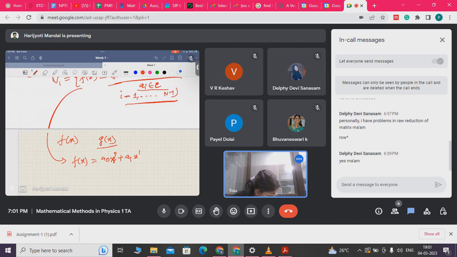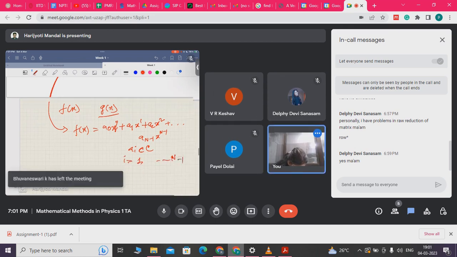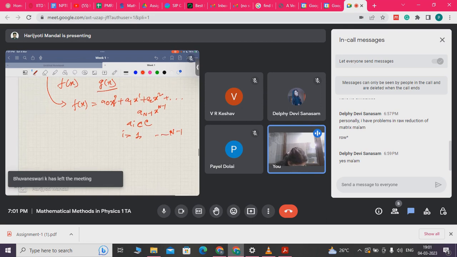This f(x), which I have written as a0 x to the power 0, a1 x to the power 1, a2 x squared, and so on, a(n-1) x to the power n minus 1, where the ai, a0, a1, a2, a3, all constitute a vector space called C, which is the complex numbers in general.